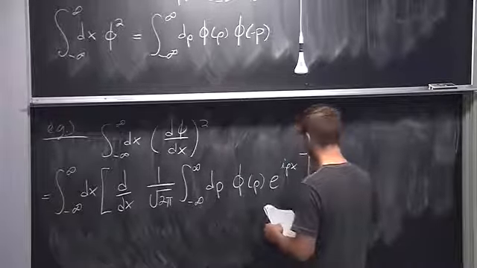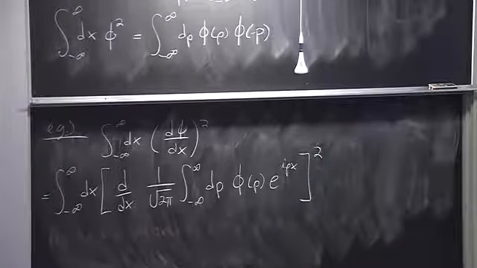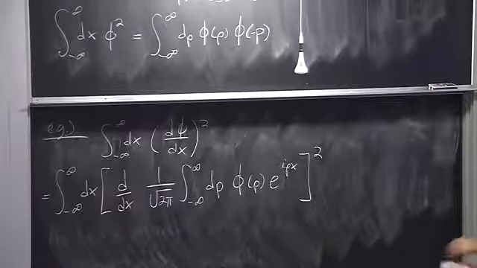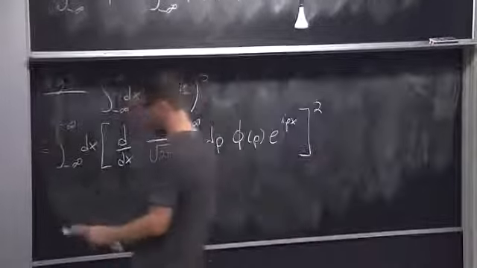I would do it like this. I would take the derivative and then square it, so that'll pull out the IP.